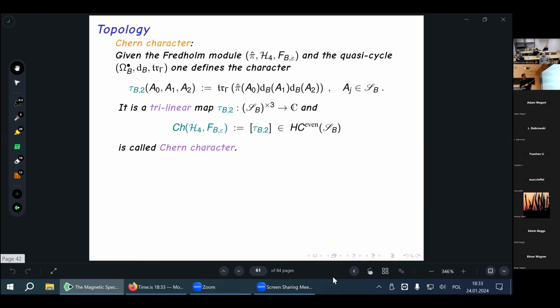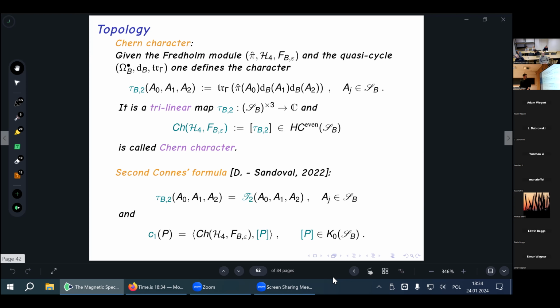I can construct the Chern character. There is another tau, which is not the action and is not the trace. This is a trilinear form, a trilinear map which goes from SB times SB times SB to C. The class of this in even homology is what is called the Chern character.